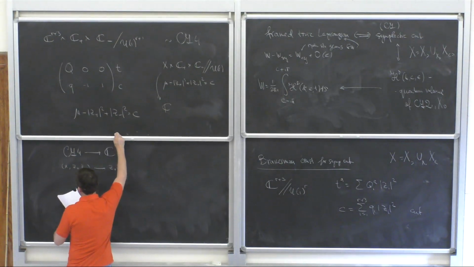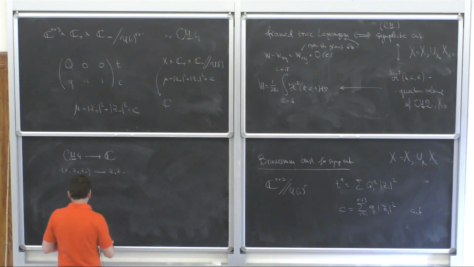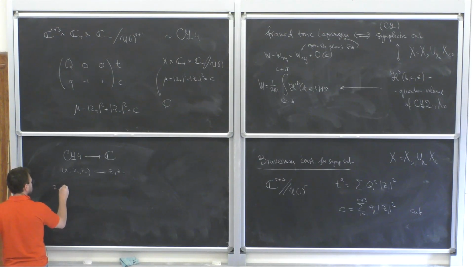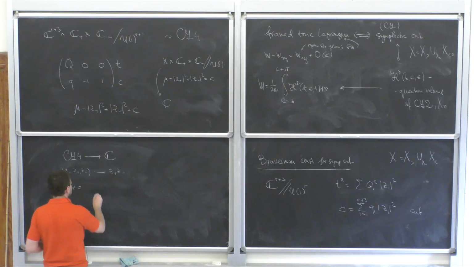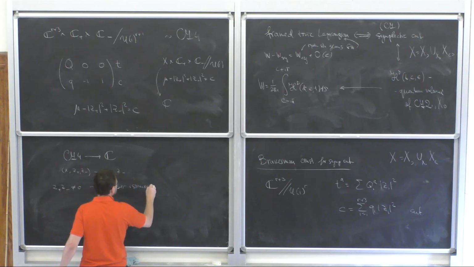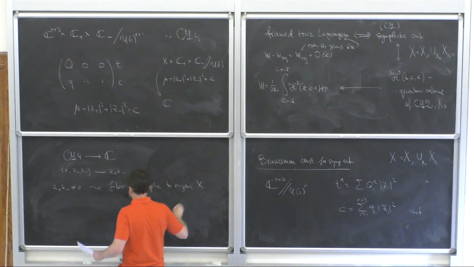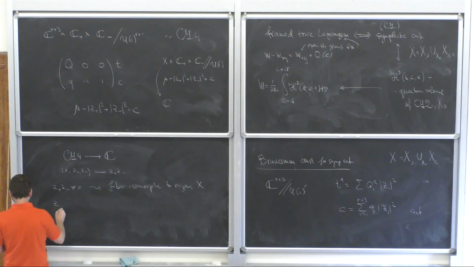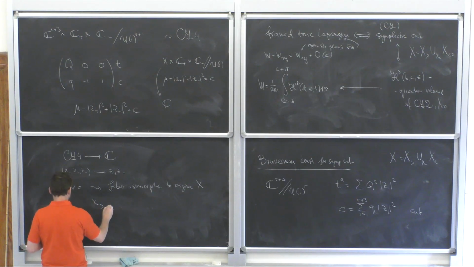So now if we look at fibers, you can see the following structure. When zeta_plus times zeta_minus is not equal to 0, you can argue that the fiber is isomorphic to the original X. When you look, for example, at zeta_minus equal to 0, you will get this space, right?